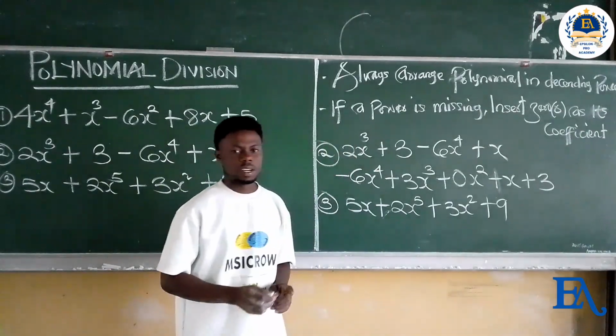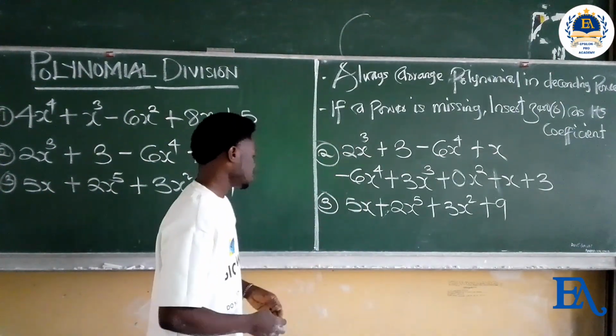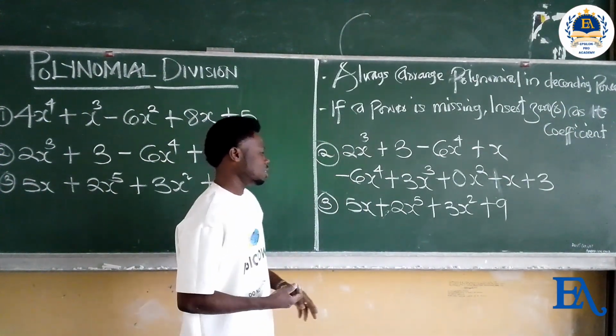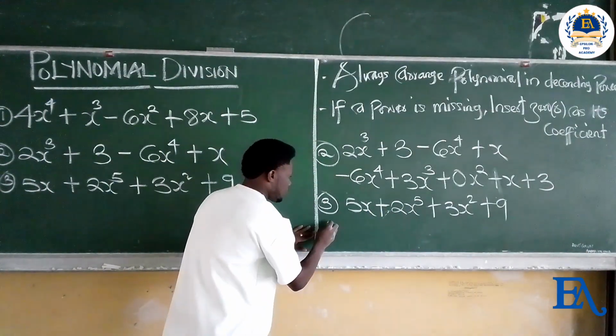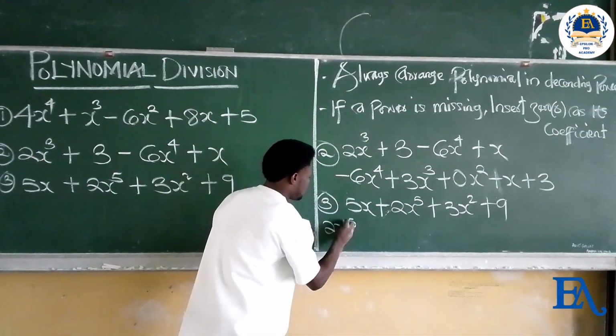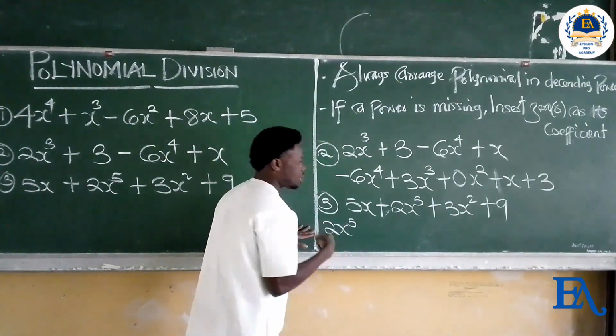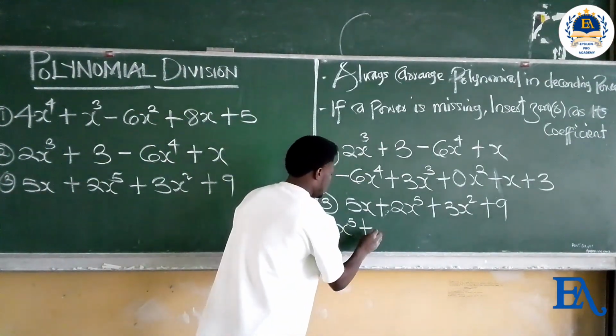Let us apply the first and the second rule to this. The maximum power is x^5, so that will be the first term written: 2x^5, plus the next is x^4.